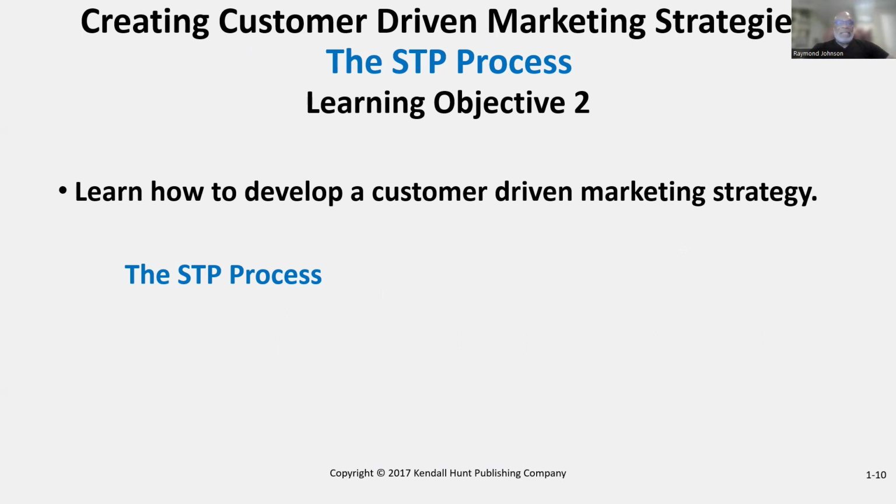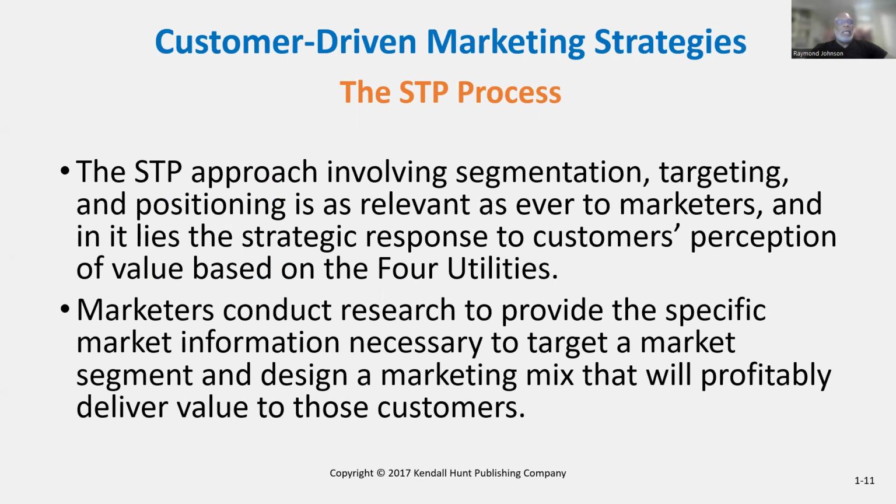The STP process is segmentation, targeting, and positioning, and we show how it's relevant. As you can imagine, it's very important for us to segment our market. As I said in a previous video, if I'm selling a purse that I believe is going to be desirable to individuals that are 20 to 40 years of age, I will want to segment the market so that I understand everything there is to know about that market.